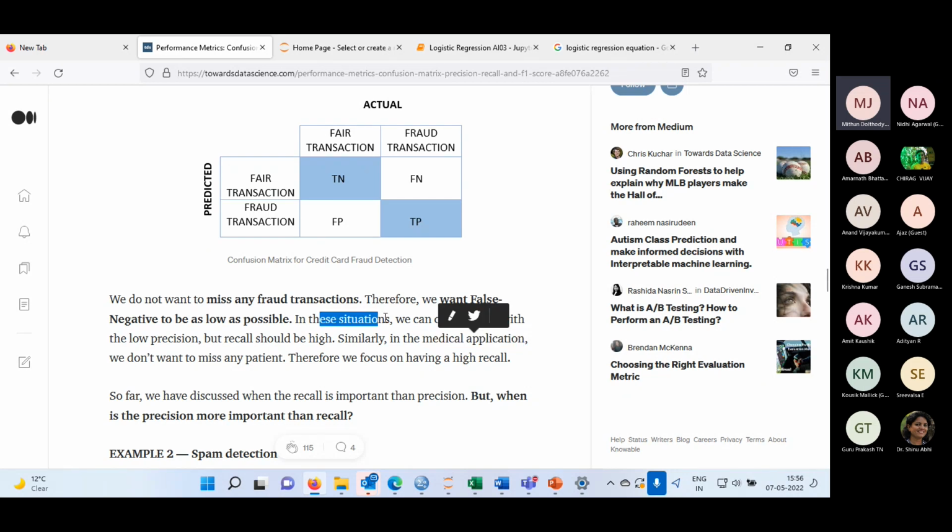He says in these situations, we can compromise with a low precision, which means I am okay with low precision, but my recall should be very, very high. So this is the answer to your question. You can focus on recall mostly in the healthcare sector and when you're doing specific problems like fraud detection.